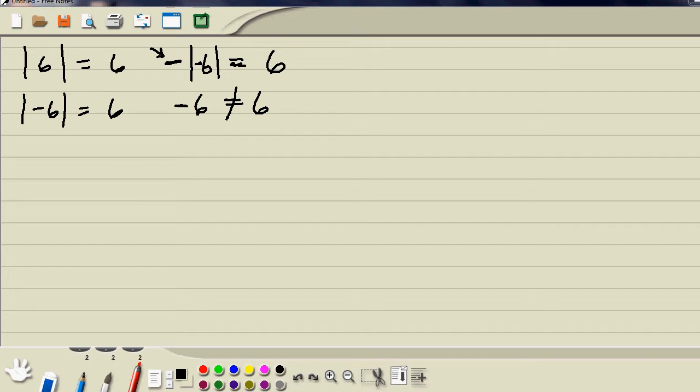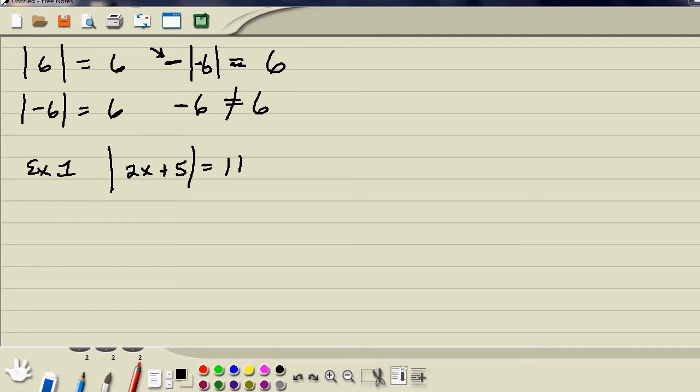Well, we're going to deal with equations that use absolute value. Let's just look at an example. It might be the easiest way to look at it. If I have the absolute value of 2x plus 5 equals 11. Well, by rule, this can be positive or this can be negative, and the statement can still be true.